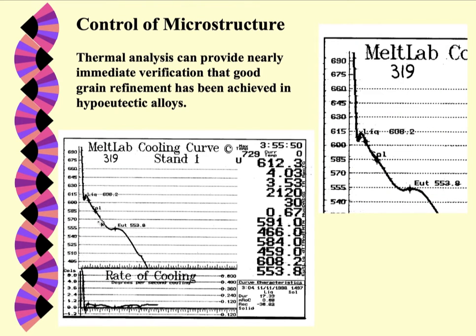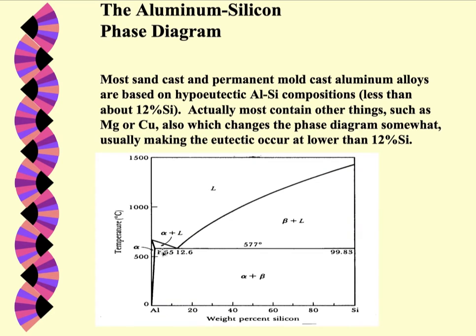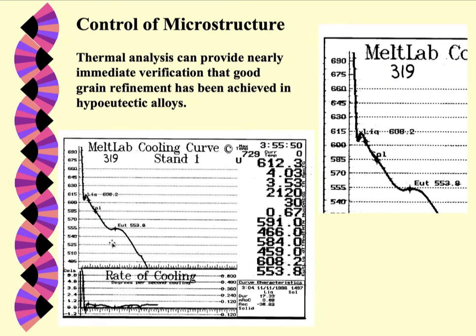Then it cools down a little bit, then it hits another bump, okay? What's that other bump? That other bump is this line right here. They just call it the eutectic, but it's this temperature right here, which occurs at 577. Okay? Now this is a different alloy.